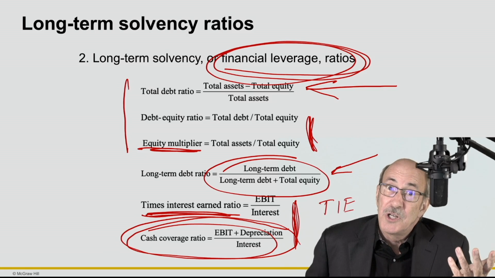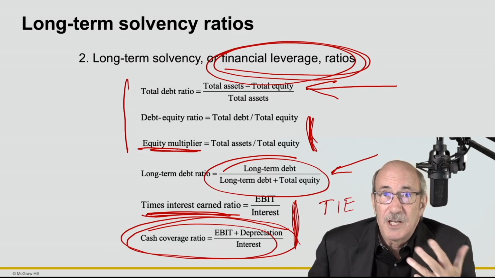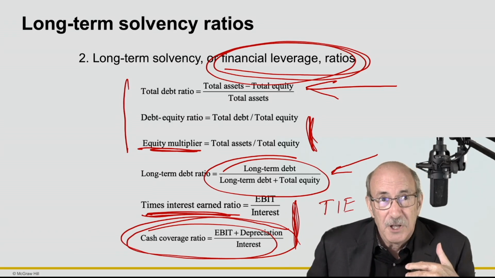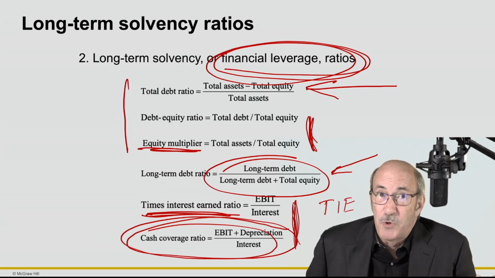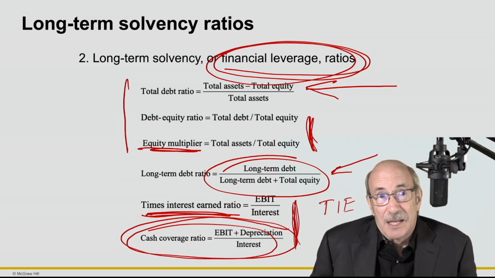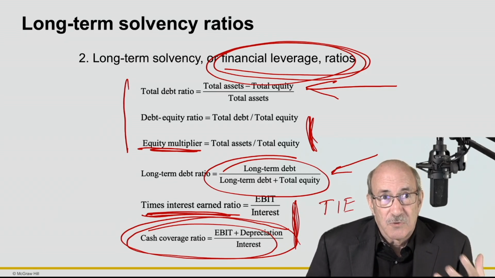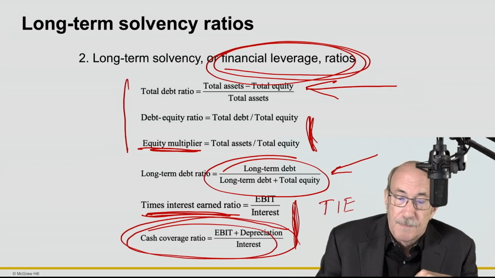Well, depreciation is a non-cash expense. So from the perspective of the income statement, we subtract it off. But from the perspective of do we have enough cash to cover our interest payments, we can add it back in because we're not using cash. So it's less stringent. If your times interest earned is less than 1, but your cash coverage ratio is greater than 1, you're still probably okay.